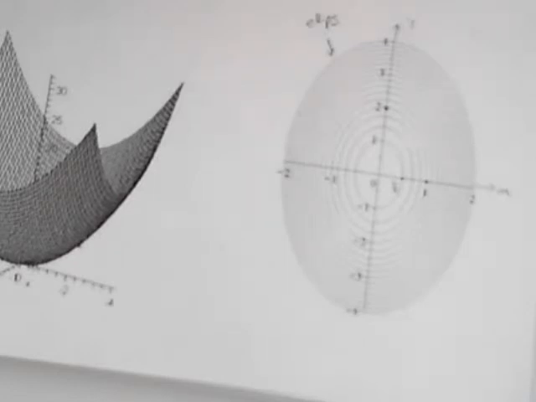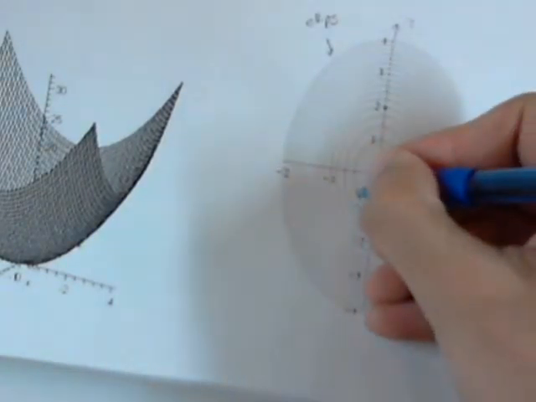A collection of level curves of the function z equals f of x and y are drawn below. The inner curve is z is 1, so this is the inner curve here.